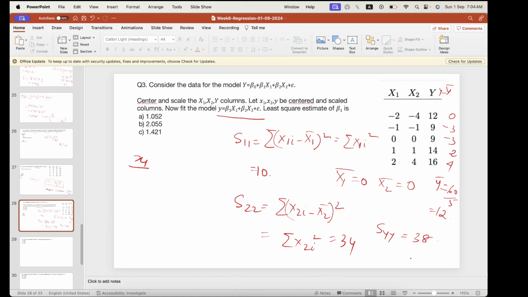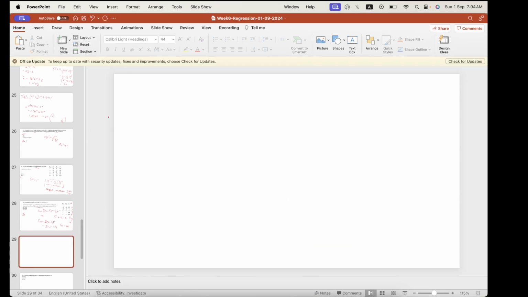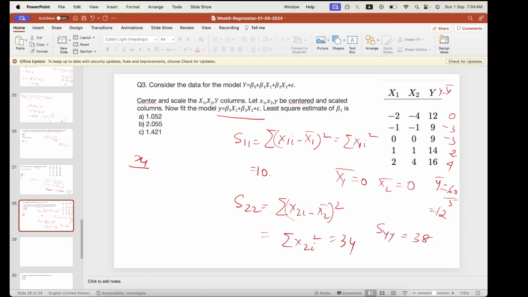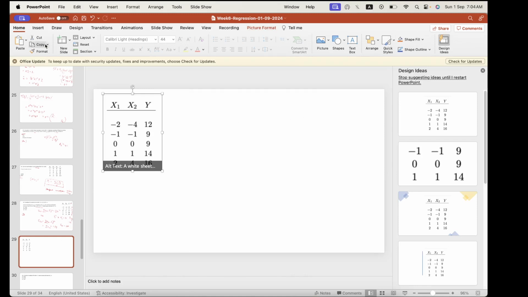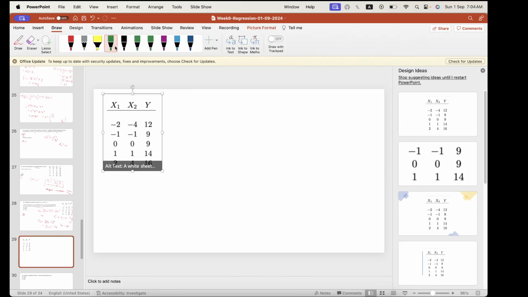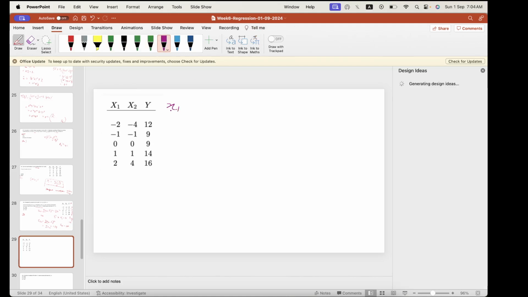So now that we have found S11, S22, SYY, we'll find out small x1, small x2 and small y. So I'll just pull it up from here. So this is x1, x2, xy. So I'm going to write x1, x2 and y.